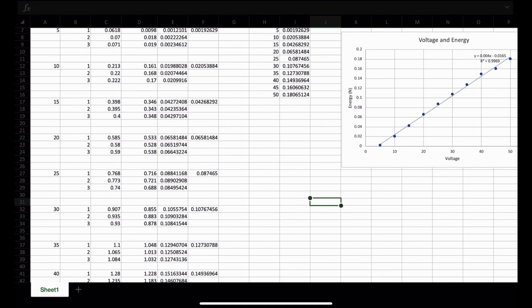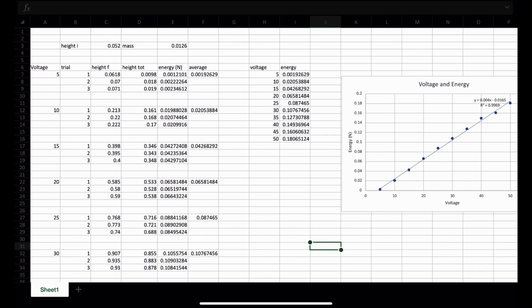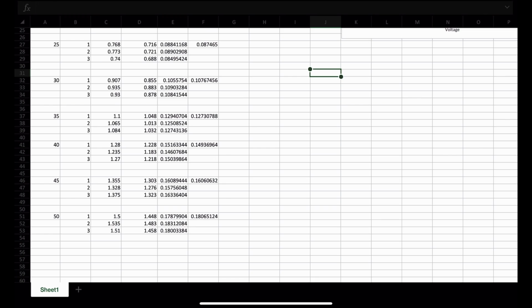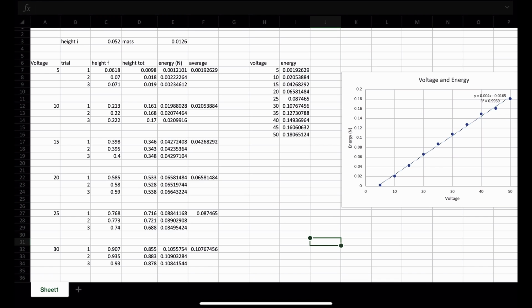Alrighty, so here's the data we got from our experiment. We used 5 volts up to 50 volts to see how the energy of the launched ring related to voltage. So the way we did it is Caleb recorded like 3 trials on his iPhone, and we found the maximum height.